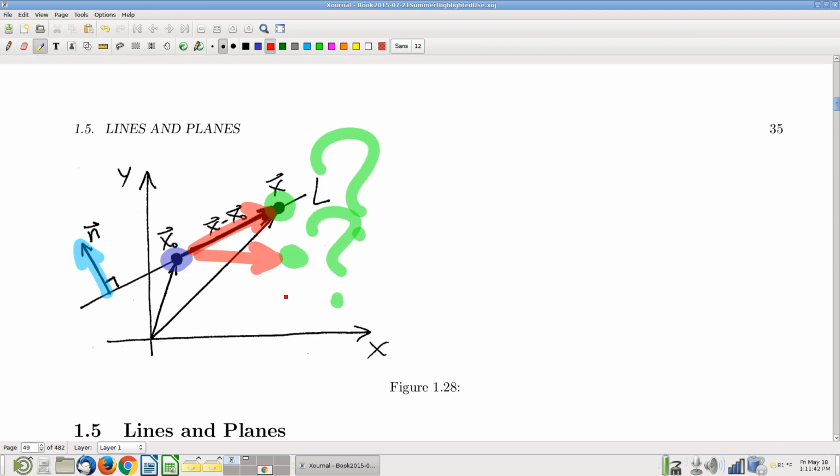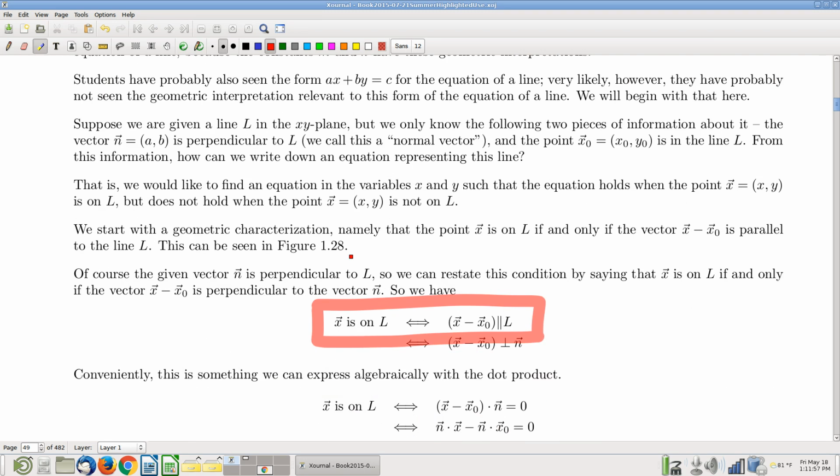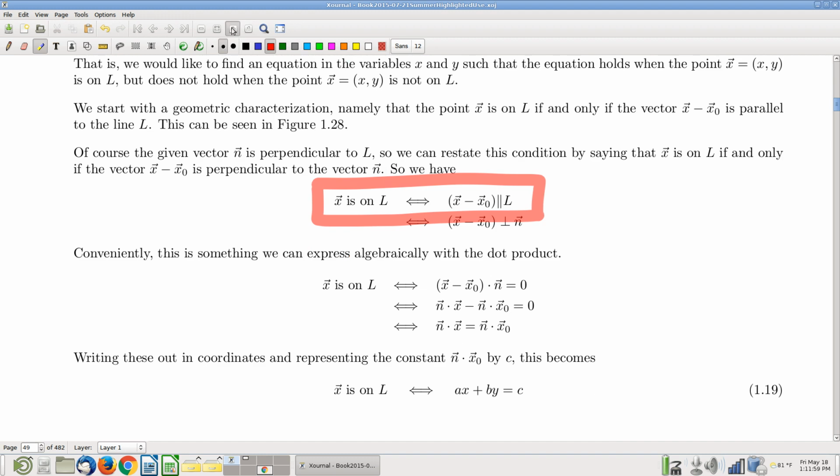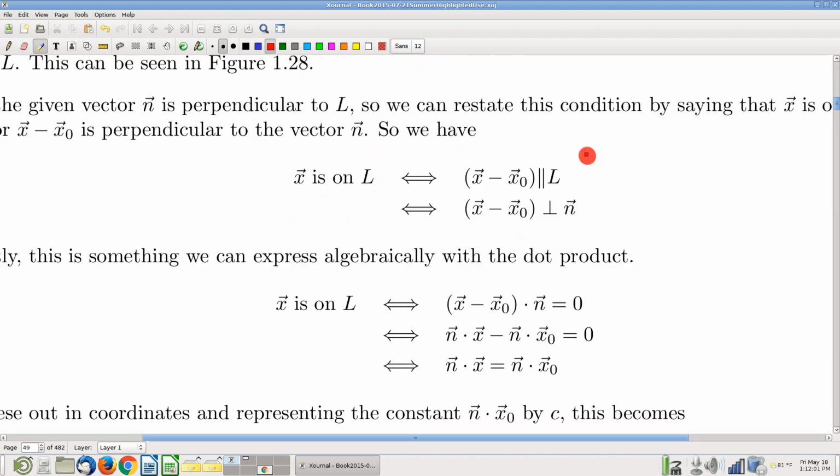Now recall n is perpendicular to the line, so parallel to the line means perpendicular to n. Zoom in one notch here. So parallel to the line means perpendicular to n.